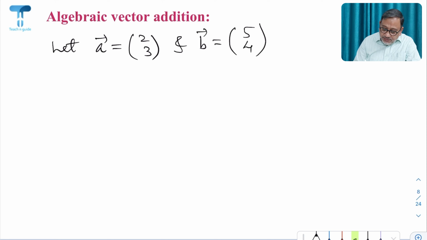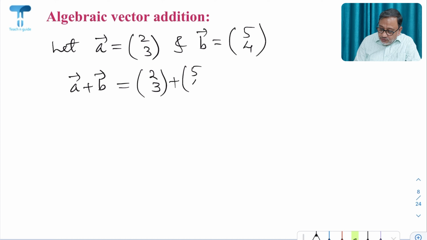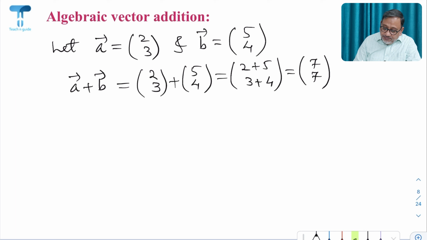Now their algebraic addition will be vector A plus vector B, which will be the addition of these two column vectors 2, 3, 5, 4, and then respective components we have to add. So 2 plus 5, 3 plus 4, which will give me 7 and 7. This is first example. I will take another example.